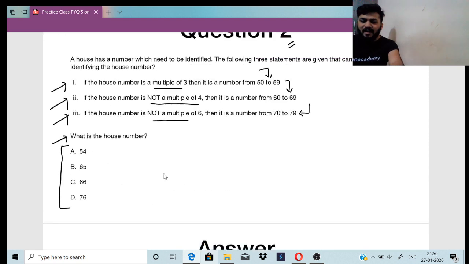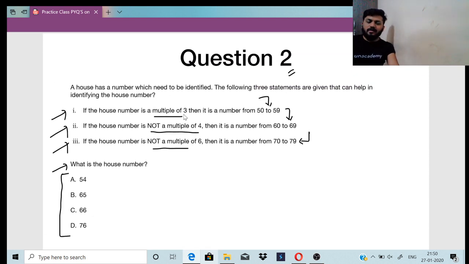So what they have told here, the house number, if it is a multiple of 3, then it should be from 50 to 59, right? 50 to 59. So look in the options, 54 is there. Okay, 54 is there. Is 54 a multiple of 3? Tell me, is 54 a multiple of 3?